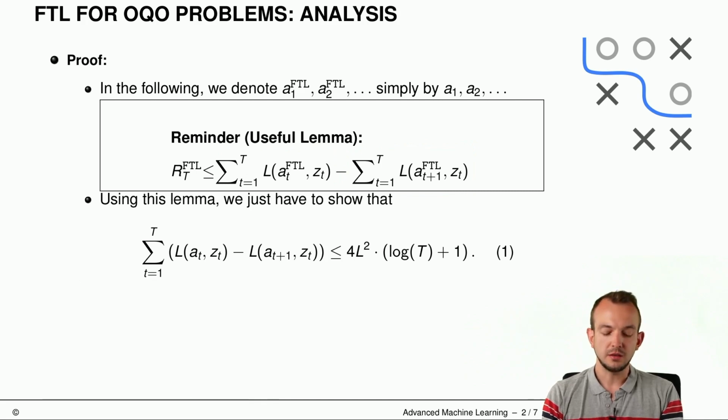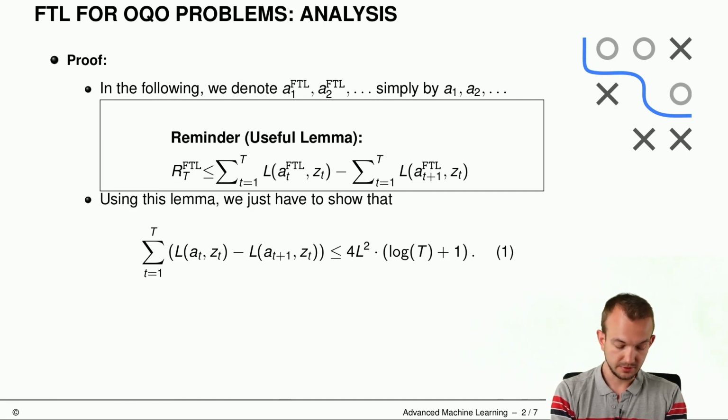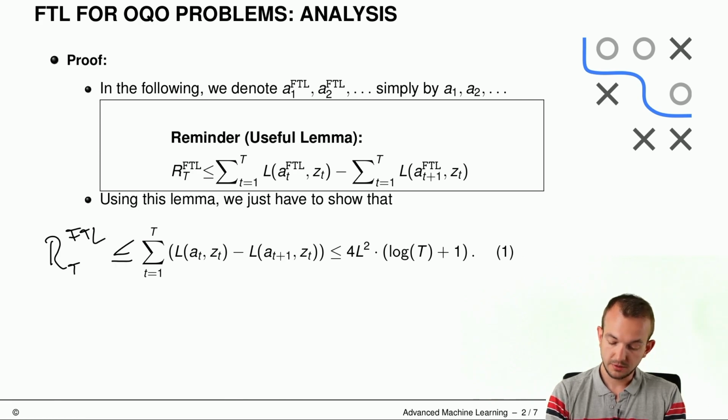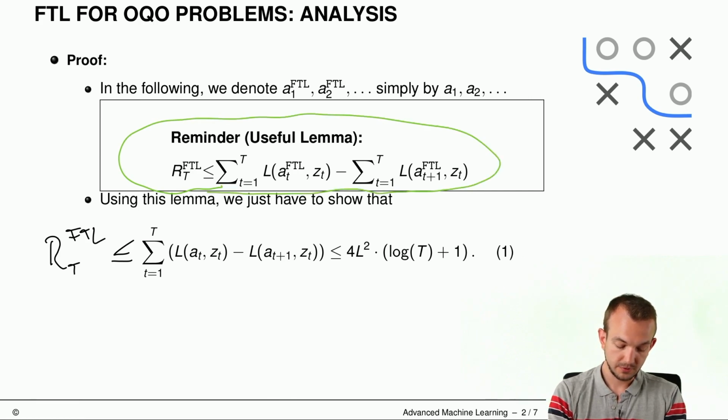And if we have this useful lemma, we can boil down the assertion we want to show to this inequality, because we know the regret of the follow the leader algorithm is bounded, thanks to this useful lemma here, by this.